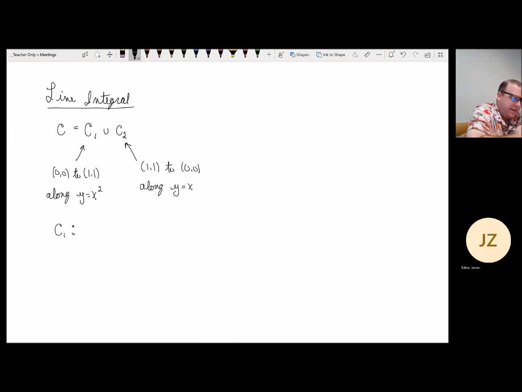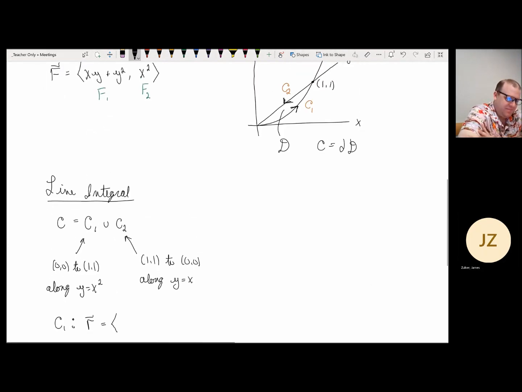Parameterization for C1. Gonna be what? Parameterization is two components.